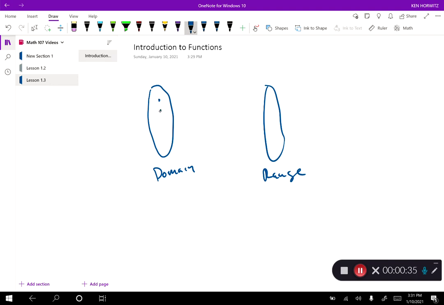Here I'll put a couple of domain points, and then we draw arrows. Here's the rule: from each one. All right, so this would be a pictorial representation of a function.